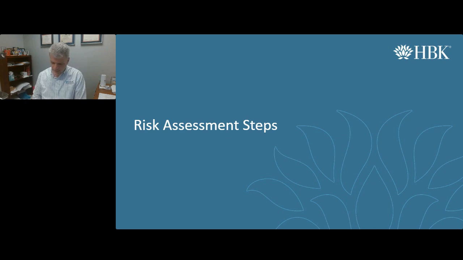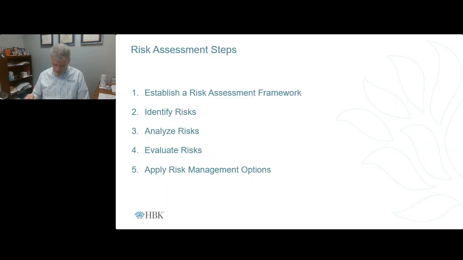All right, so let's move on and talk about our next agenda item and go over the risk assessment steps if you decide to perform a risk assessment. At a high level, I was looking at the ISO standard 27001, and this is just the high level steps of performing a risk assessment.